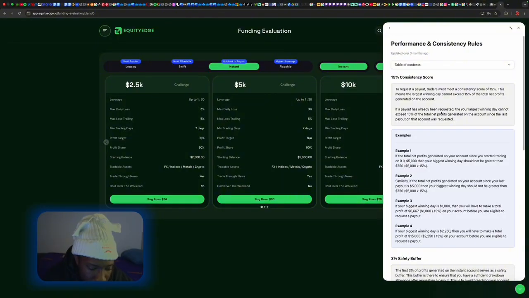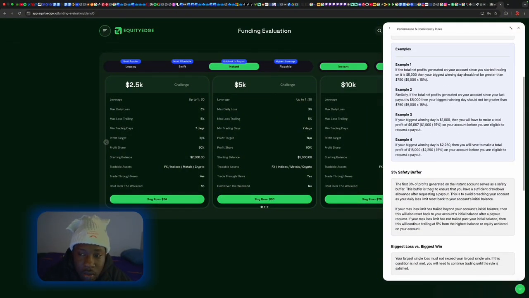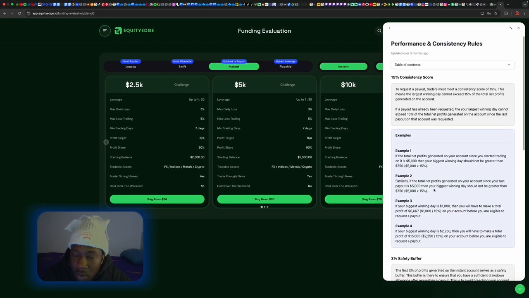So they are saying you have to trade your account wisely. This rule is for the instant account, and it's also for the challenges.